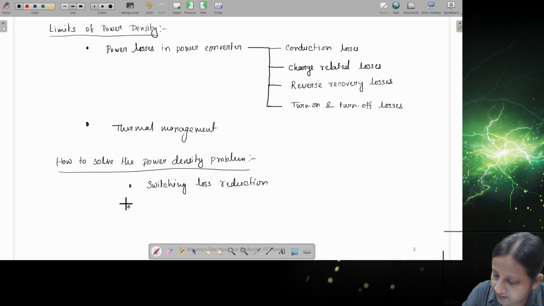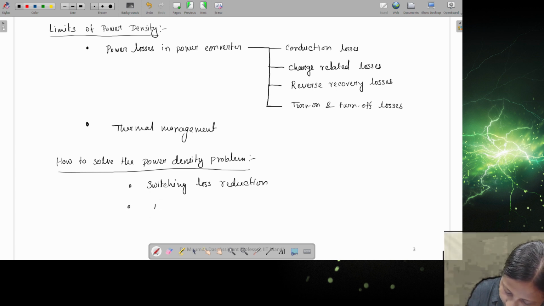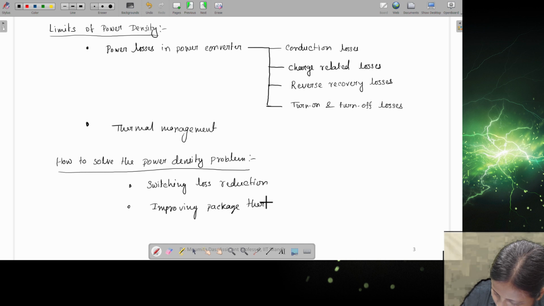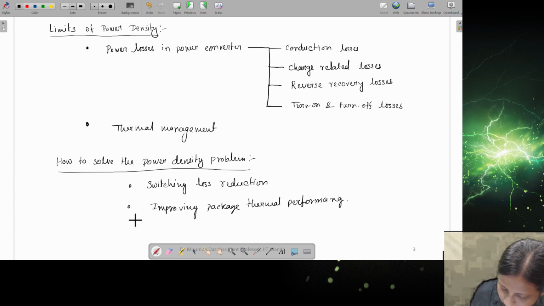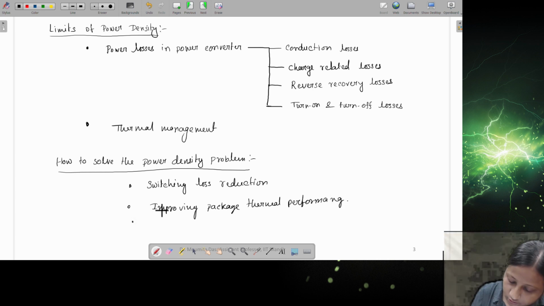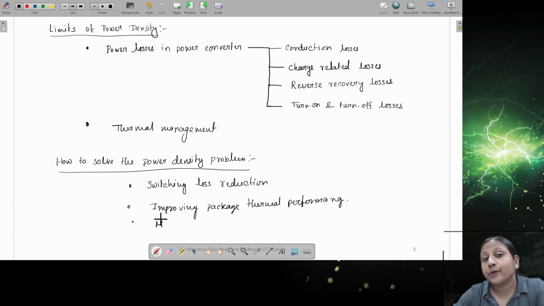Second is improving package thermal performance, modern circuit technologies using wide bandgap devices.